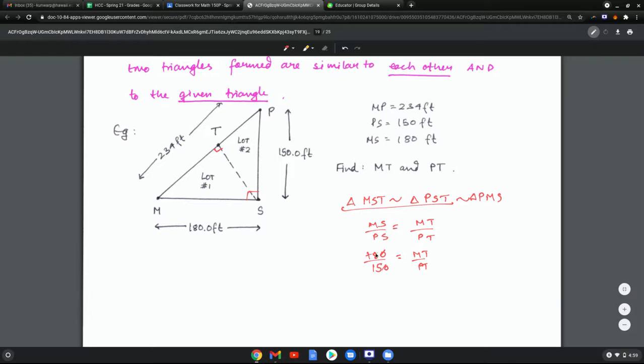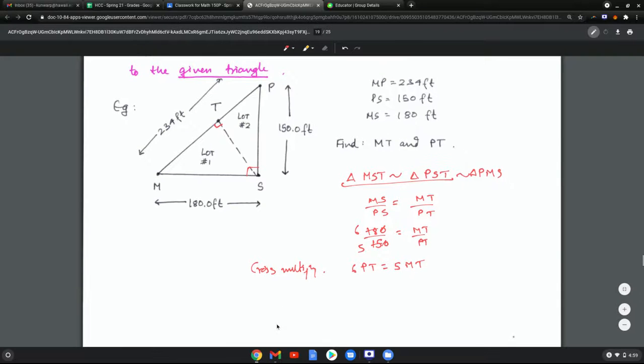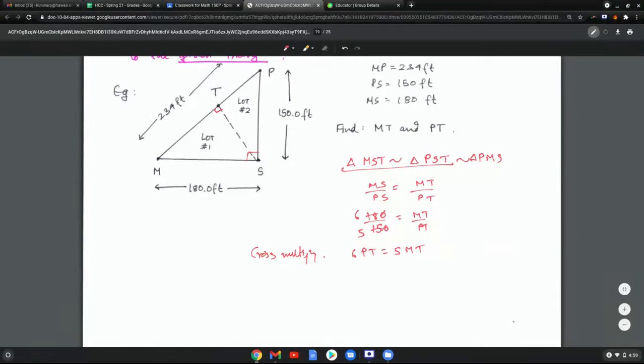Now I can simplify this a little bit. This is 6 over 5, and then I can cross multiply. I get 6 PT equals 5 MT. What else do I have? I also know that MT plus PT is 234, because I know the total length.